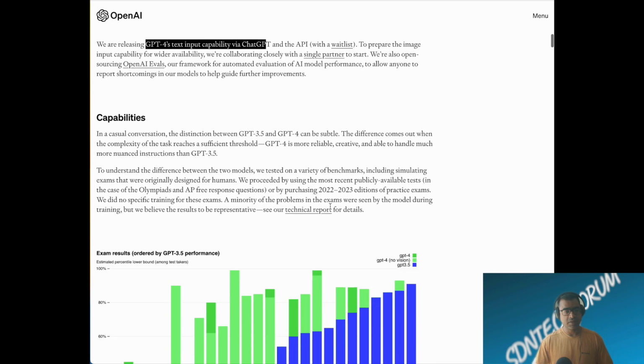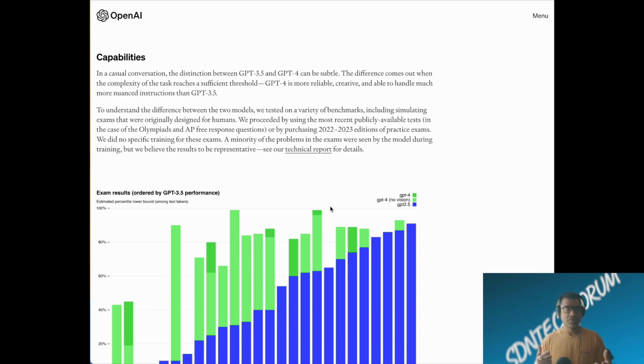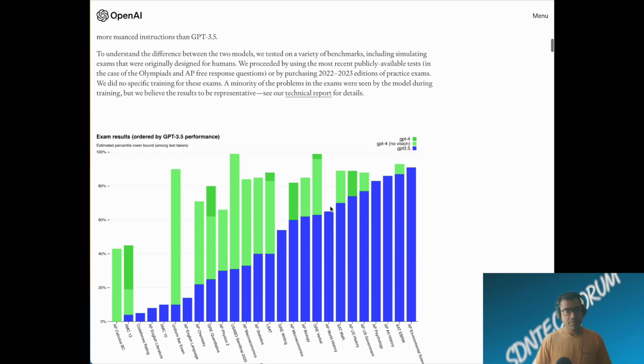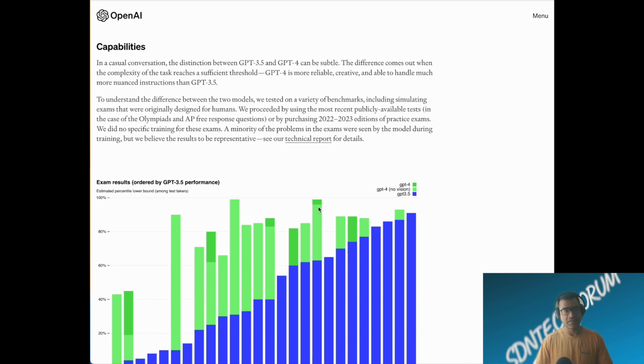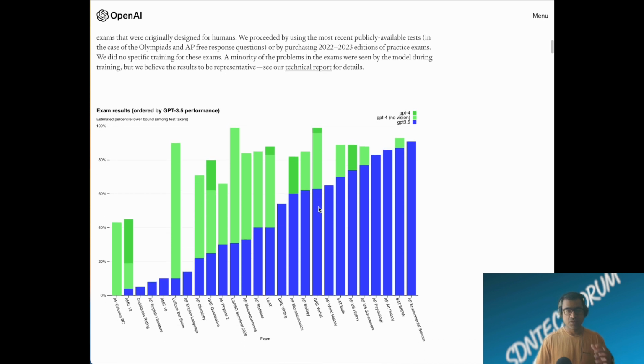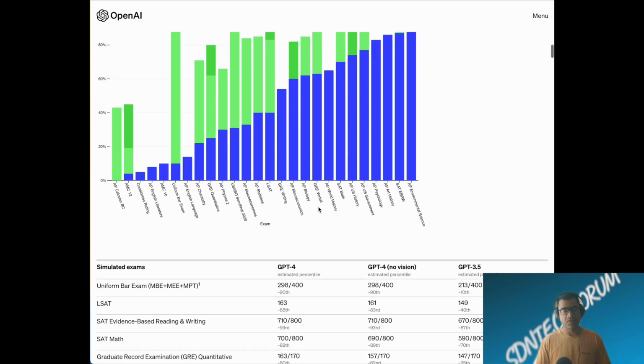So let's understand the capabilities, right? As you know, it is running version 3, and here is a comparison between version 3.5 versus 4. Some exam results like the SAT exam and Olympiad exam, if you put ChatGPT 3.5 and 4 through them, this is how they fare.